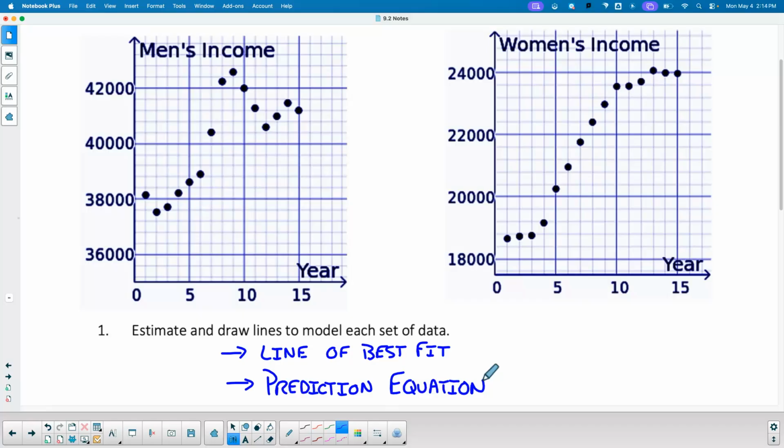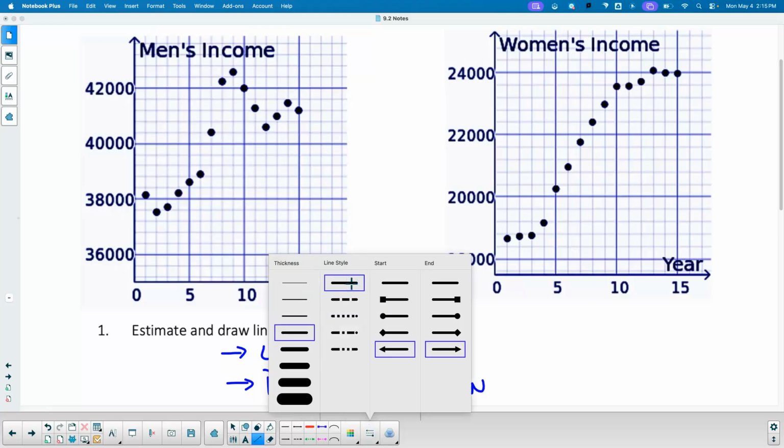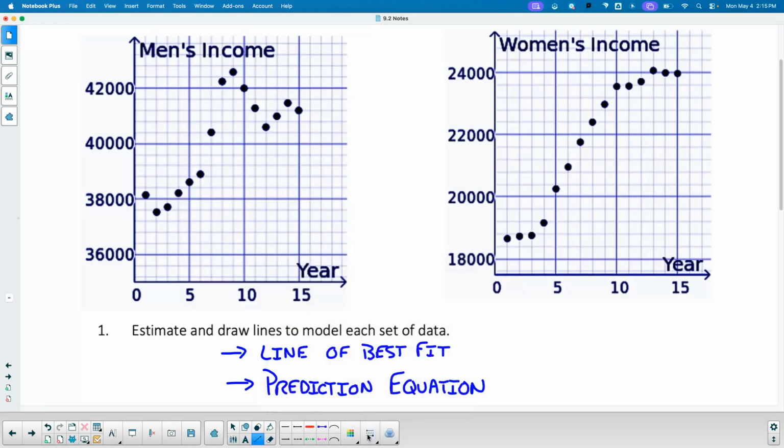So, a line of best fit is just that. It is a line on your graph that best fits your data. So, for instance, if I were to put this as my line of best fit, is that a very good fit for my data?